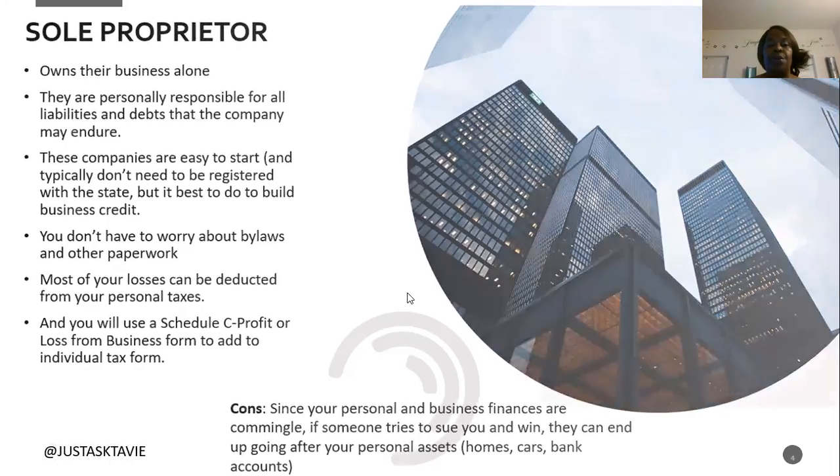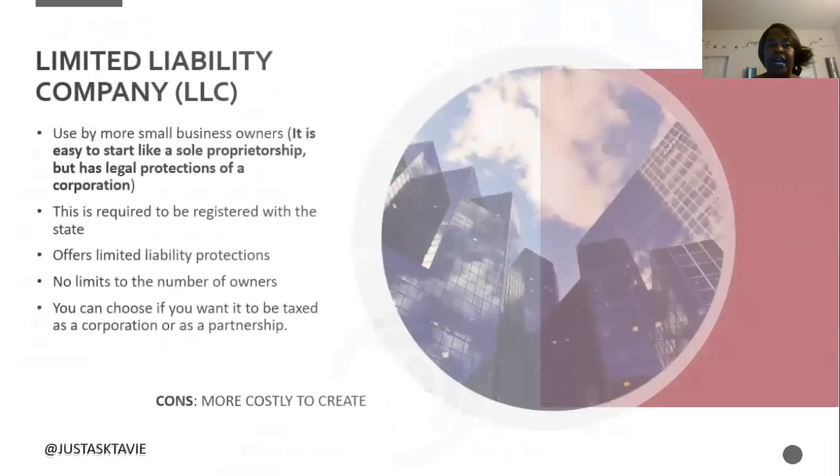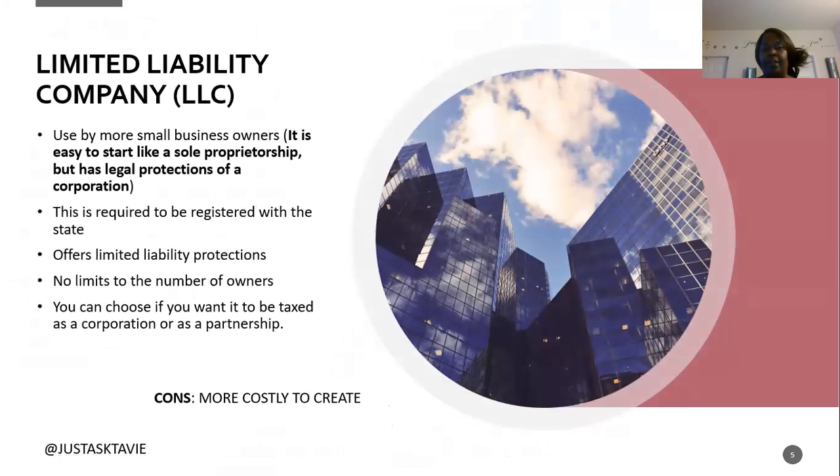So that's why the next slide talks about a limited liability company. This is used by most small business owners. It's easy to start, just like a sole proprietorship, but has the legal protection of a corporation. This is required to be registered with the state, and it offers limited liability protection, which we all want to make sure that we get for our businesses.